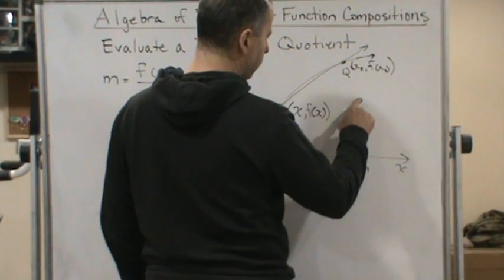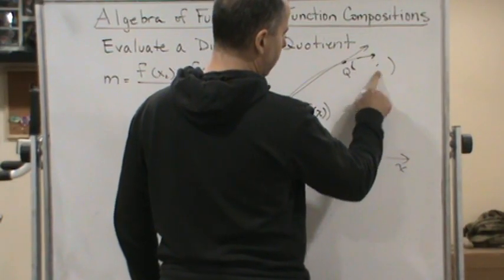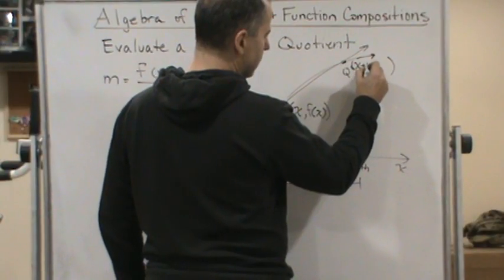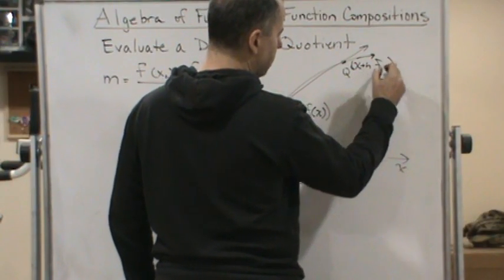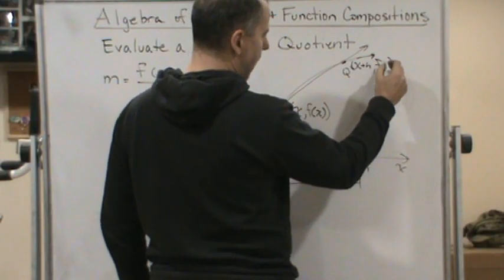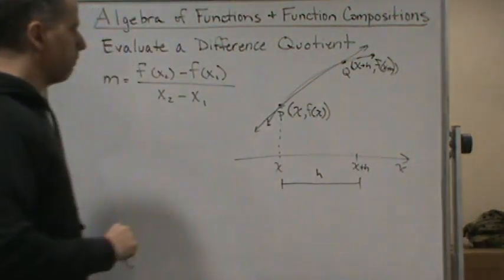So this point here we'll just call x plus h. And then what we'll do is this x coordinate here, we'll just change this x coordinate a little bit, and we'll call this x coordinate x plus h. And then of course the y value of the function is going to be f of x plus h, right?